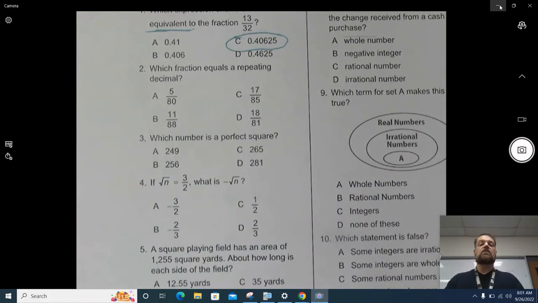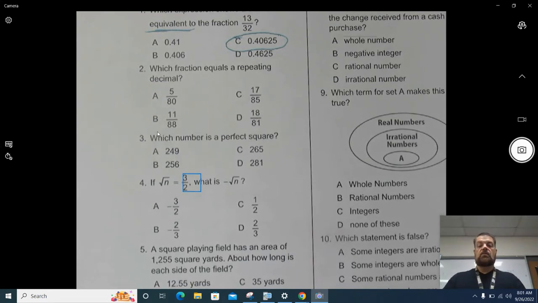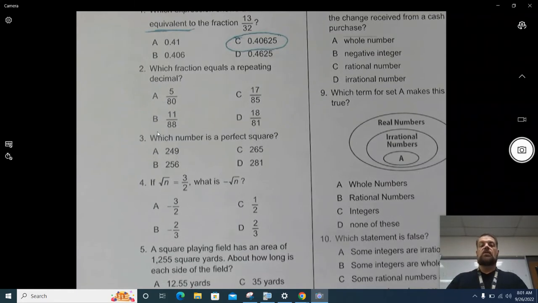Which fraction equals a repeating decimal? So that's an interesting one. How do we figure that out? You use your calculator.